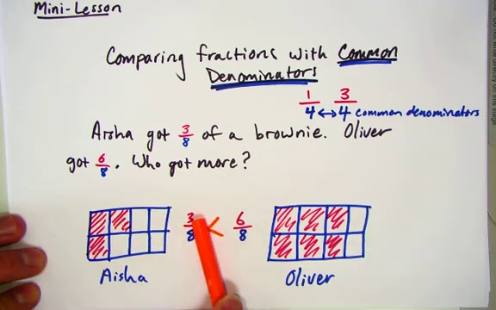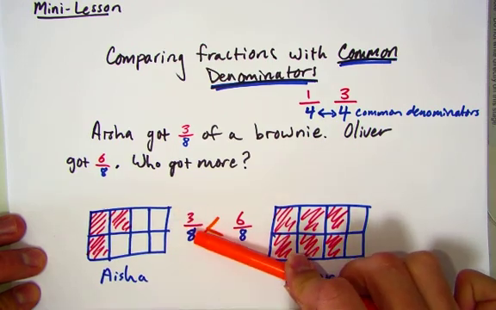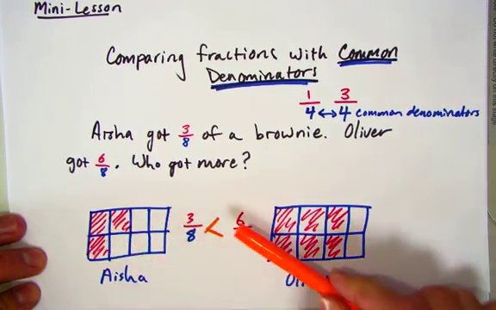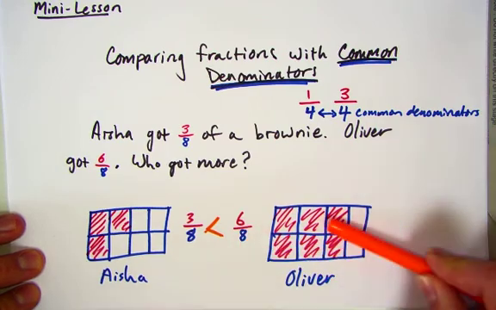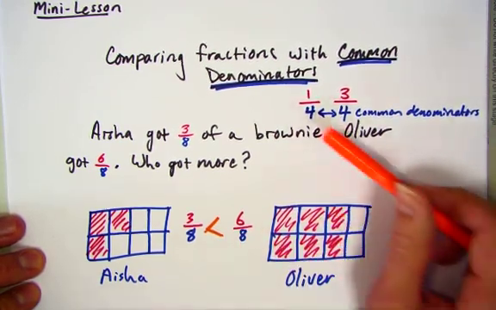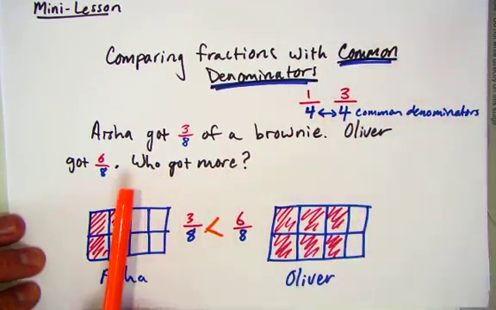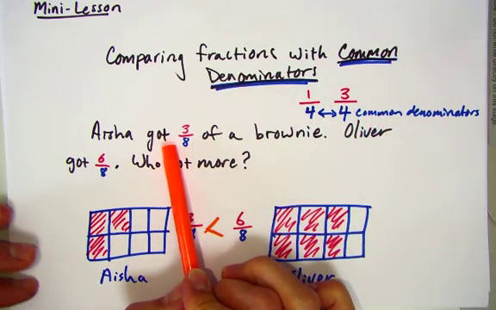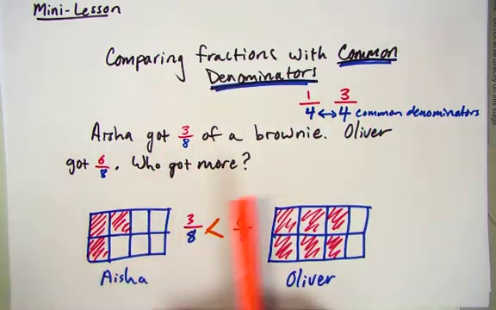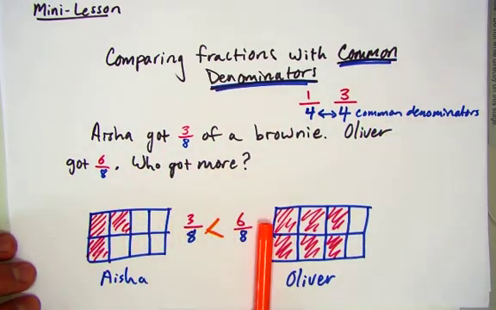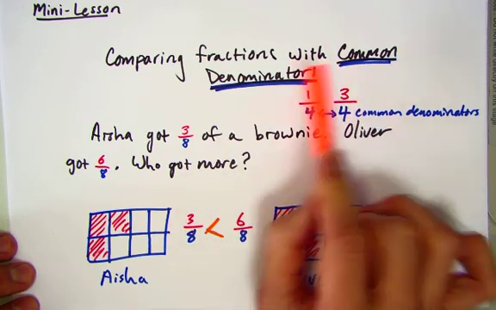Well, 3 parts out of the 8 is not very much. 6 out of the 8 parts is quite a bit of the brownie. This is why I would say this is the easiest way to compare fractions with common denominators.